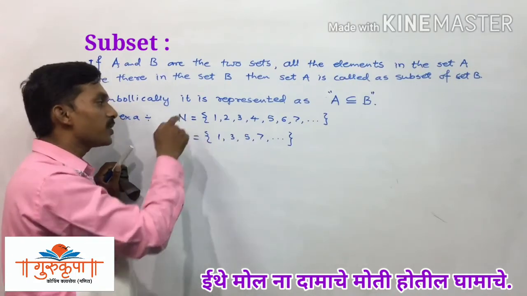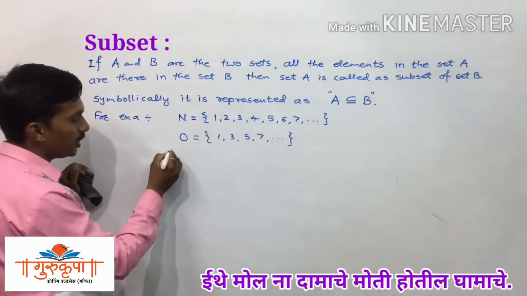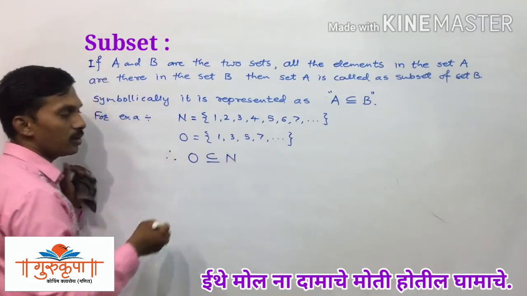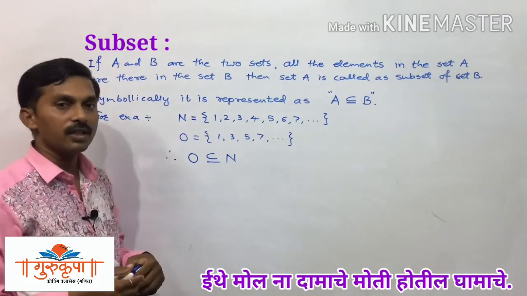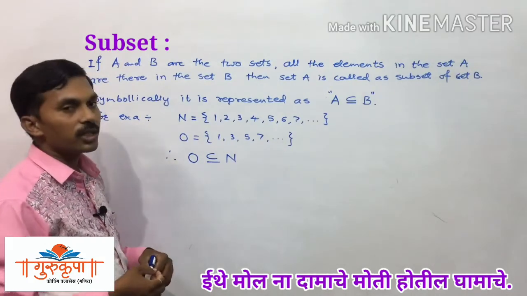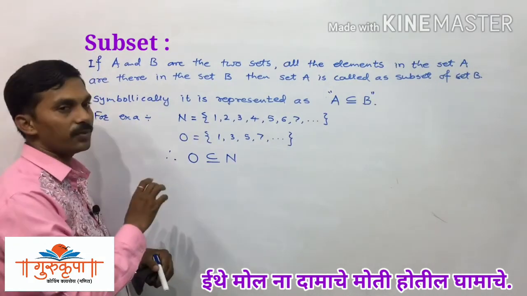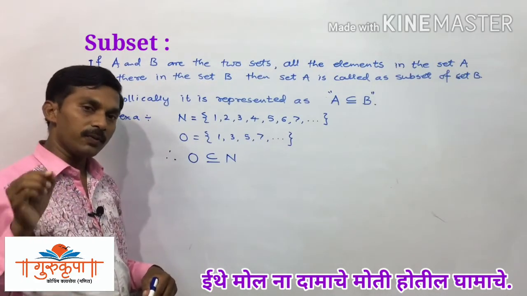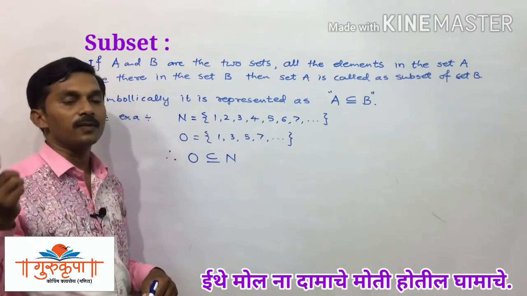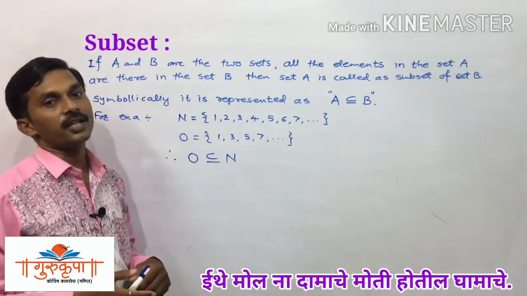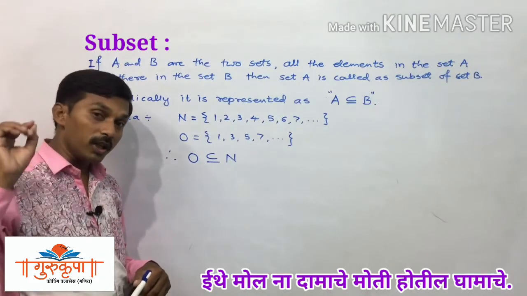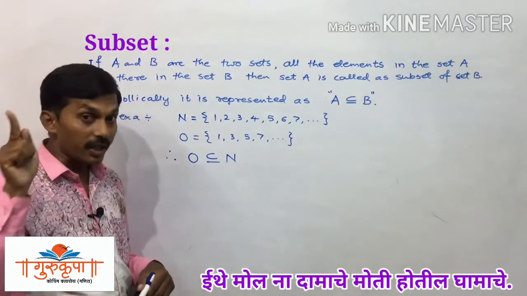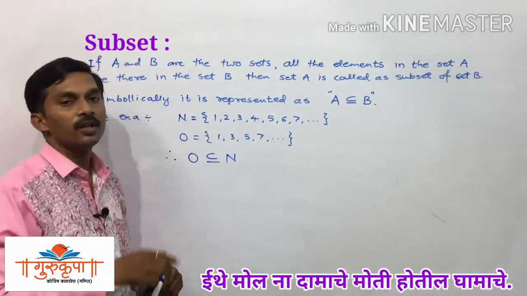So O is a subset of N, and you can represent it as O ⊂ N. If all the elements of the first set are there in the second set, then the first set is a subset of the second set. Or if all the elements of the second set are there in the first set, then the second set is a subset of the first set.